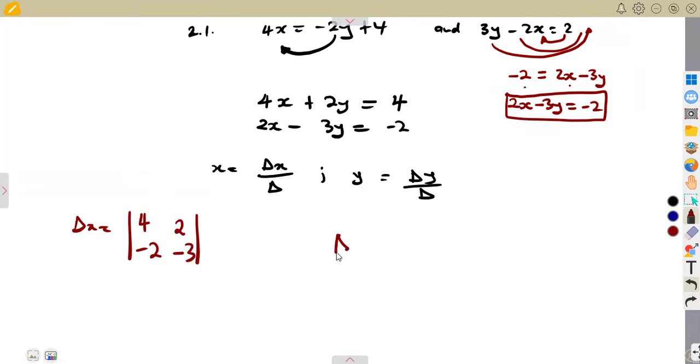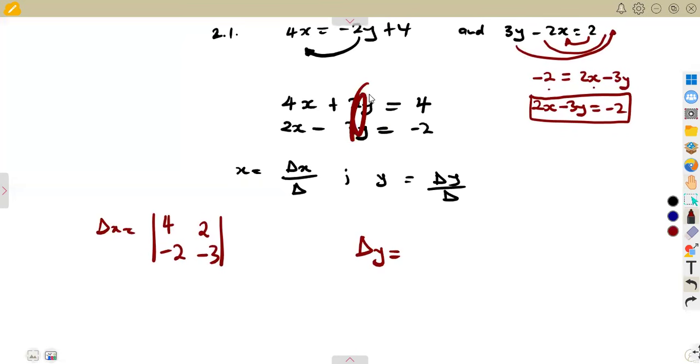Okay, the determinant with respect to y, you do the same thing. Close the part of y, you replace with the constants. So meaning to say the x is going to remain as it is, that's 4 and 2. But the part of y is the one that we have closed this time. So you replace with the constants, which is 4 and minus 2.